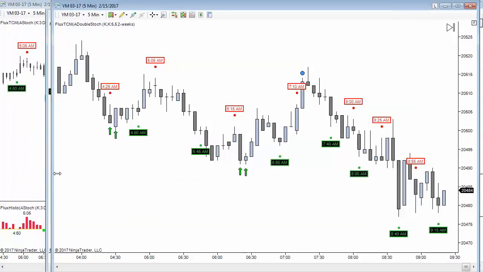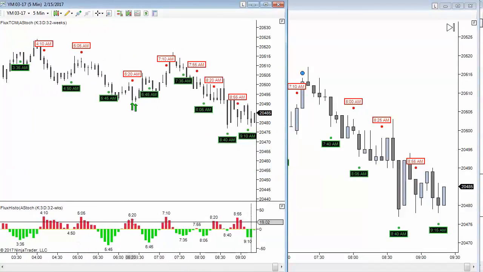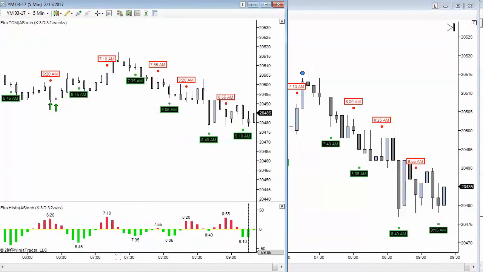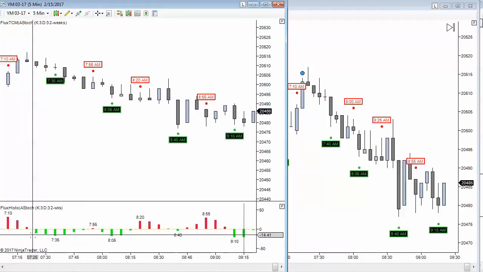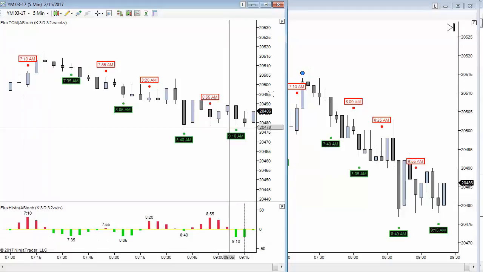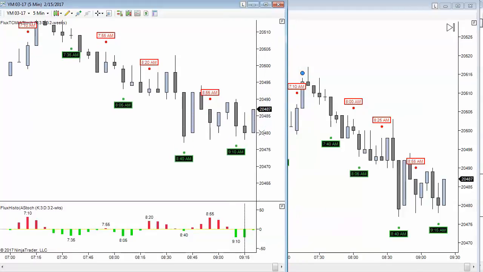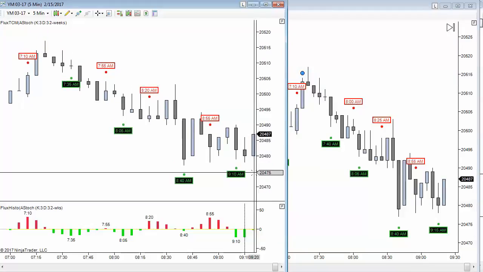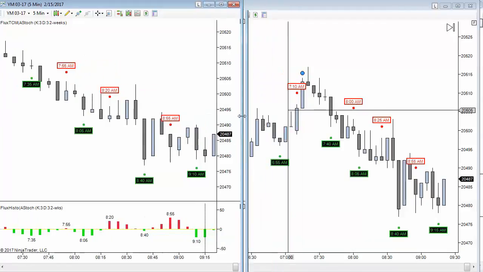And when we compare the two together and A-B them, it appears that the double stochastic on the YM is faring slightly better than this stochastic on the left.